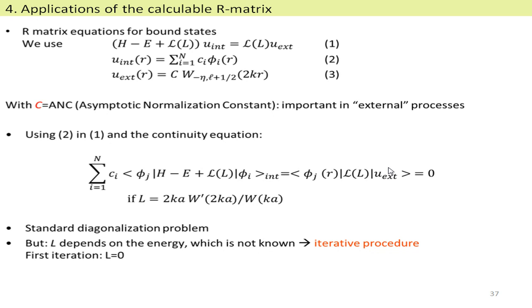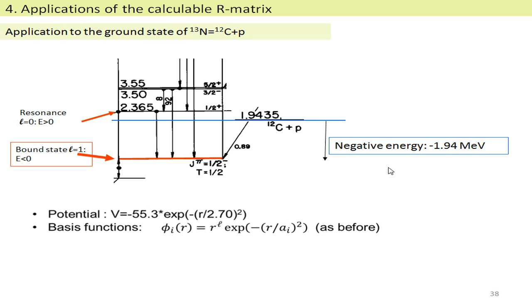So you start by using L equals 0, then you diagonalize, you find an energy, then you introduce this energy in the new L, and you repeat the process until convergence. And this is applied here to the ground state of nitrogen-13. So you have here the ground state, which is bound by 1.94 MeV.